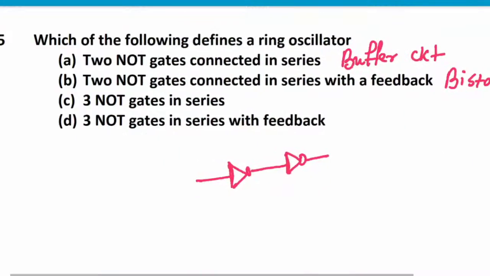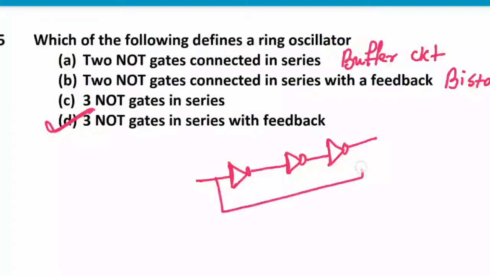Next one is three NOT gates in series. I cannot name this one because I have not studied anything about three NOT gates in series, but the answer is three NOT gates in series with feedback.